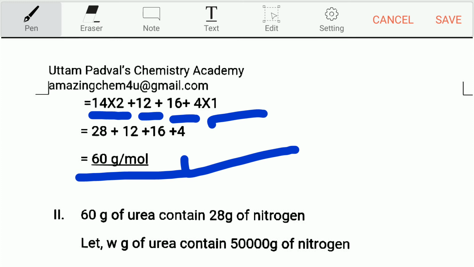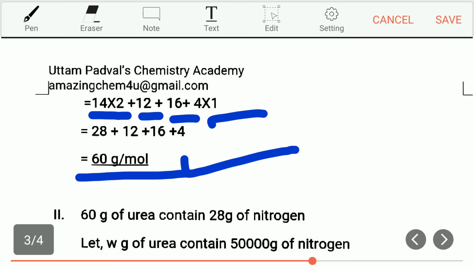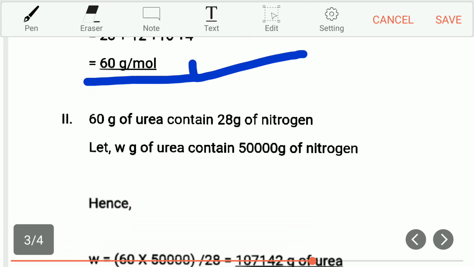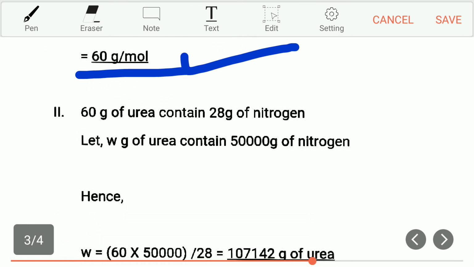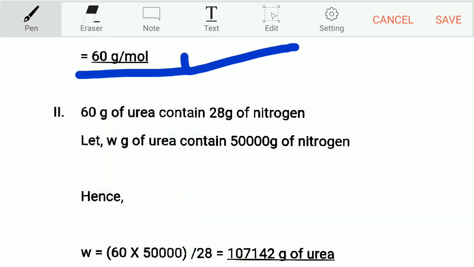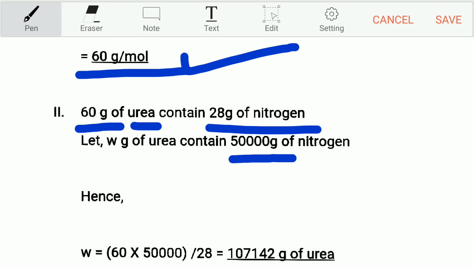Now we have to calculate the amount of urea required to get 50 kg of nitrogen. 50 kg of nitrogen means 50,000 gram of nitrogen, right? Now we know that 60 gram of urea contain 2 nitrogen atoms, that is 28 gram of nitrogen, right?